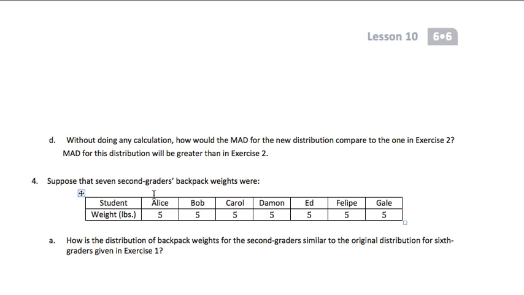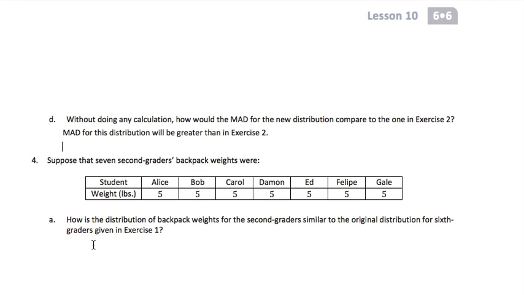Now, let's suppose that 7 second graders' backpack weights were as follows in the table, all 5. How is the distribution of backpack weights for the second graders similar to the original distribution for 6th graders? There's no variability. So the mean absolute deviation is 0.